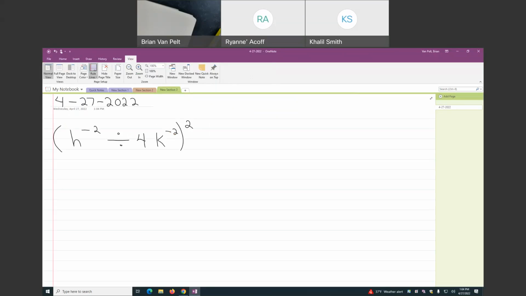All right, so there we go. First of all, there are probably several ways of doing all of these. My goal here was to make everything have a positive exponent first. So let's do that.